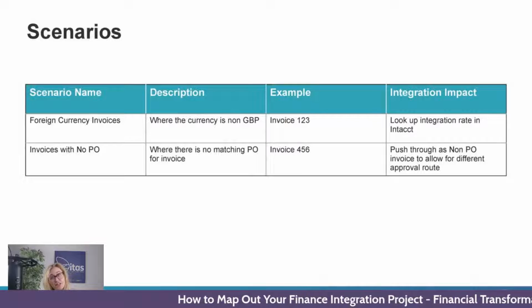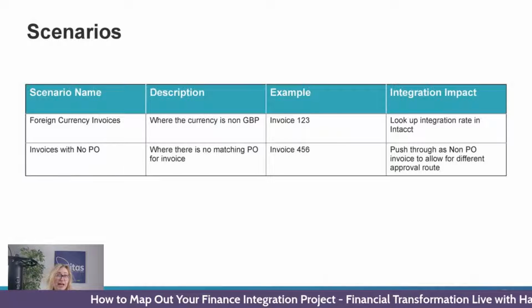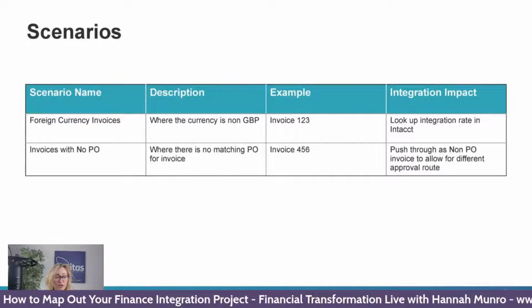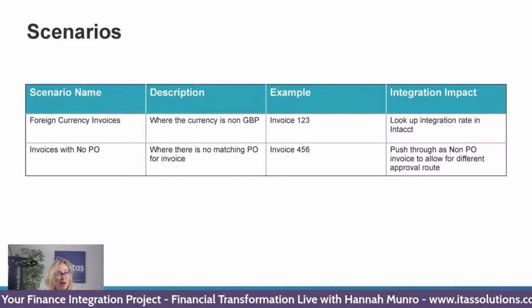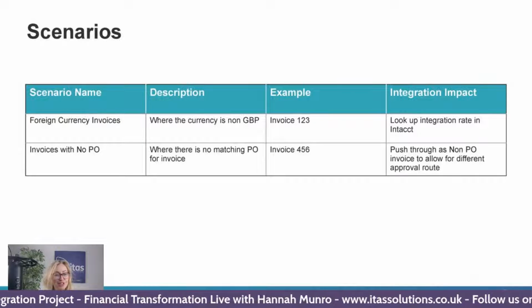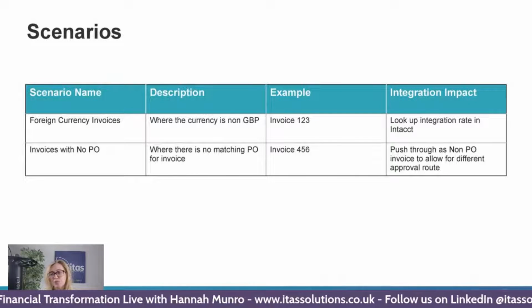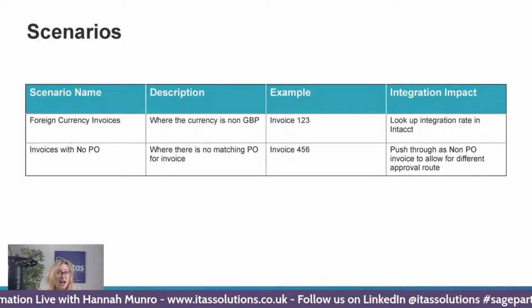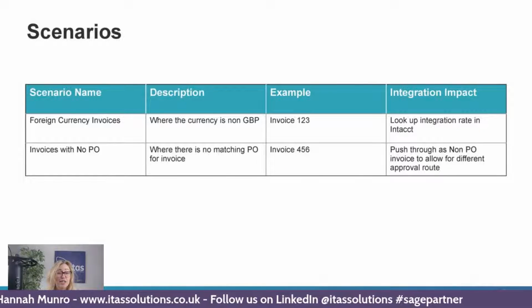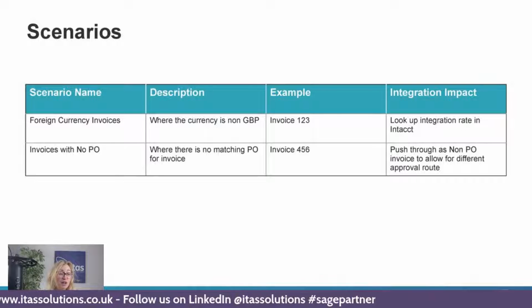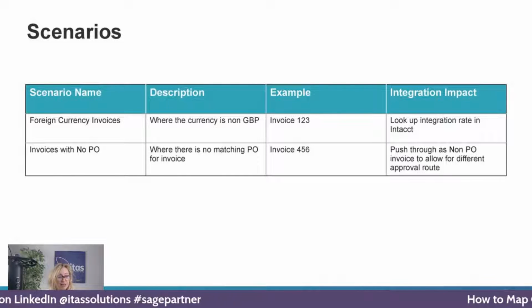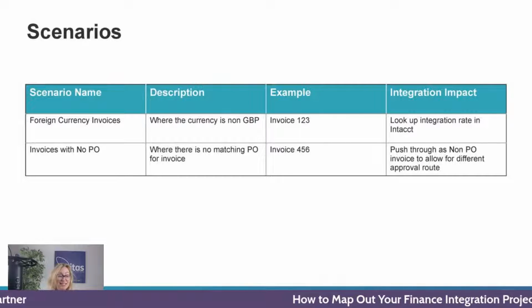Okay, the next piece I then start to look at is what are the different scenarios that I might hit for different data sets. So we talked about customers earlier. So that could be customers that buy on credit versus those that have to pay in advance. Okay, how does the integration process need to differ?